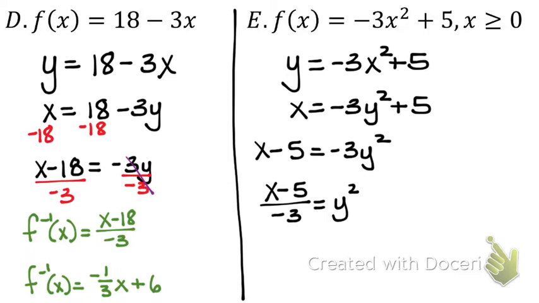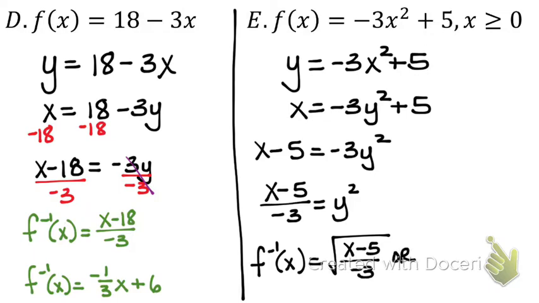So your inverse function would be the square root of x minus 5 over negative 3. Or you could also break that apart and say negative 1/3 x plus 5/3.